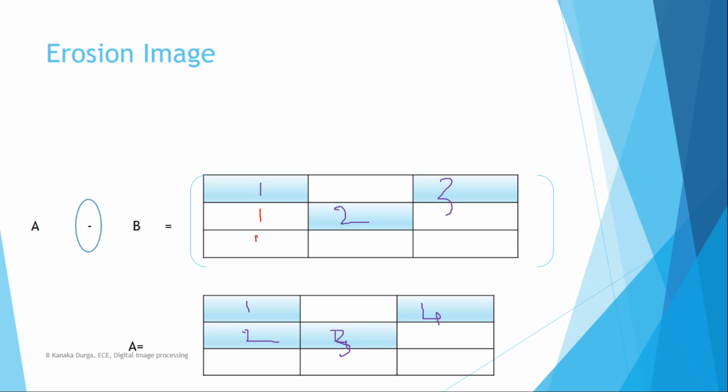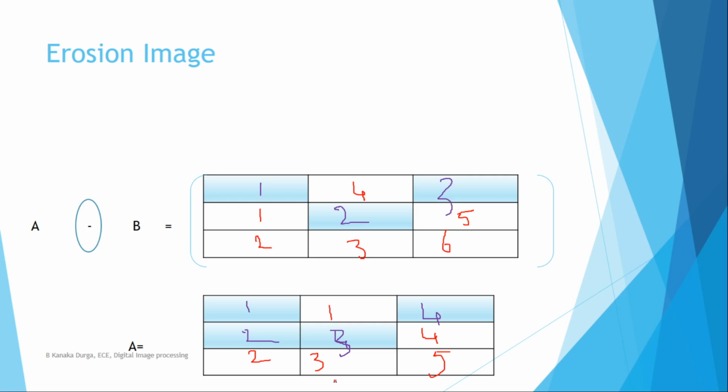So the background values are 1, 2, 3, 4, 5.